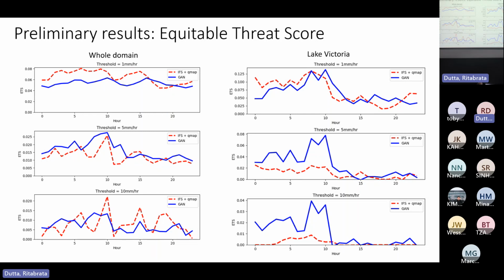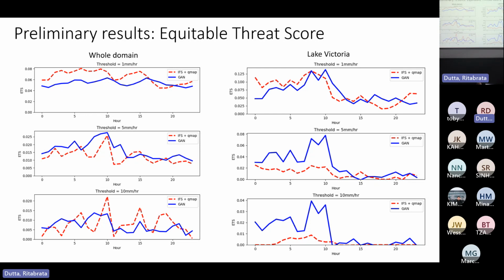The quantum mapped IFS in particular tends to perform similarly with the equitable threat score. But when you look at Lake Victoria, particularly at the higher end of rainfall, it seems like there's a reasonable improvement in the equitable threat score, not necessarily getting to the stage where the score is high enough for someone to say that this is a great forecast, because it's clearly coming from quite a low place already.